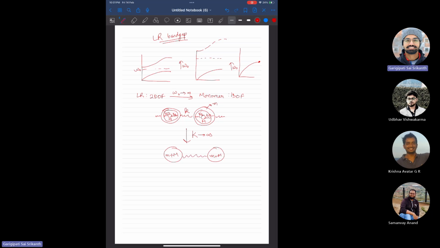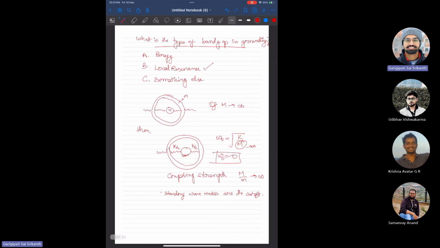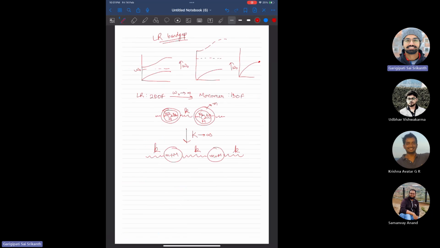So now it's a monomer. So what we see is that a locally resonant band gap, when m tends to infinity, becomes a grounded system, and when k tends to infinity, it becomes a monomer, a Bragg based, upper cutoff based band gap.